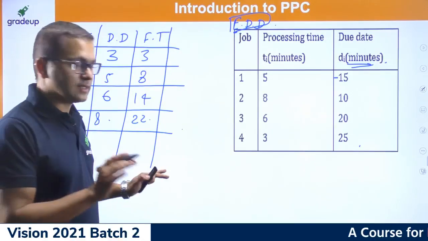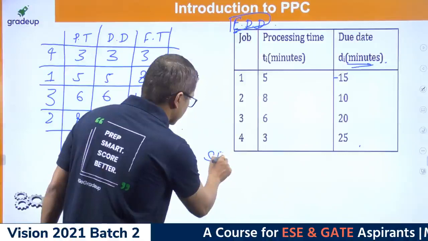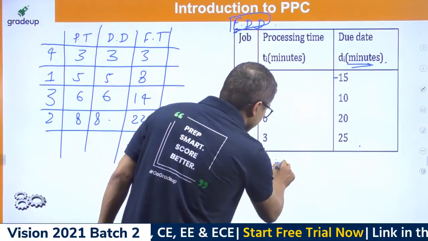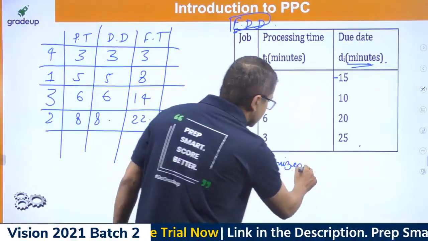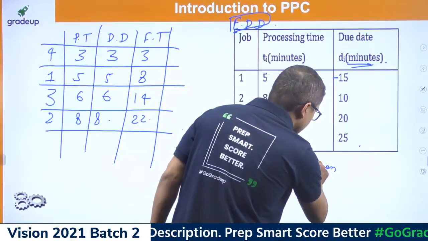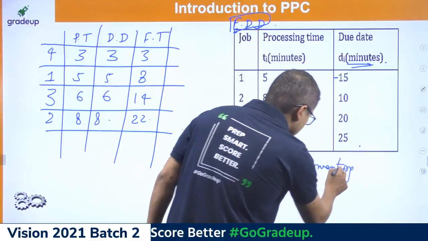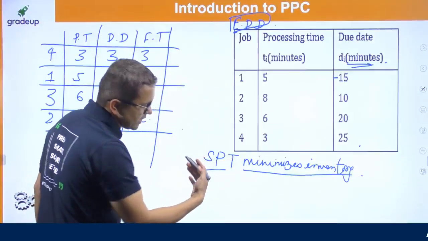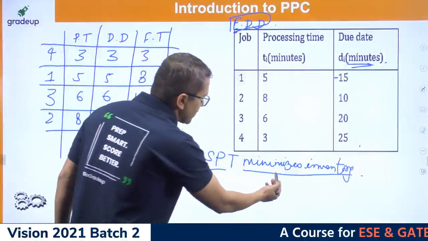What you will realize is that shortest processing time minimizes inventory. So I'm going to tell you, this is something with SPT, that it minimizes inventory.